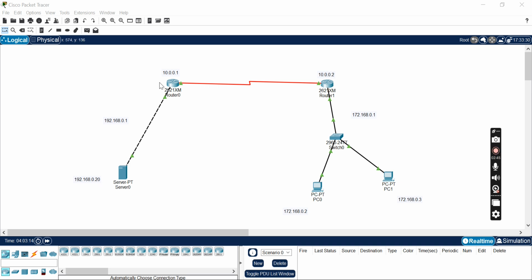This server is not connected directly with this router and those local network machines. It is connected with another router, which is totally different from my second router, because this router works with the server, and my other router works with the switch and the other local network machines. Between those routers, I made a serial connection.